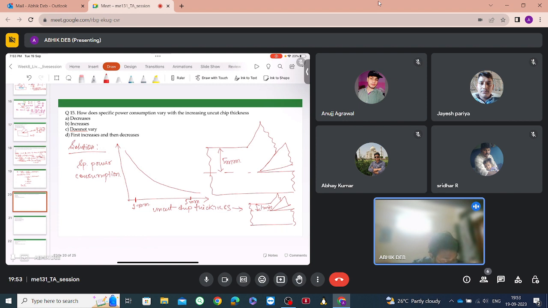But see, this chip area is the same as this chip area, because it does not depend on what depth of cut we are giving. It depends on the W value. So the W value will be the same in both cases, and this is basically the chip flow. Only the chip is flowing, so it has no relationship with the depth of cut.